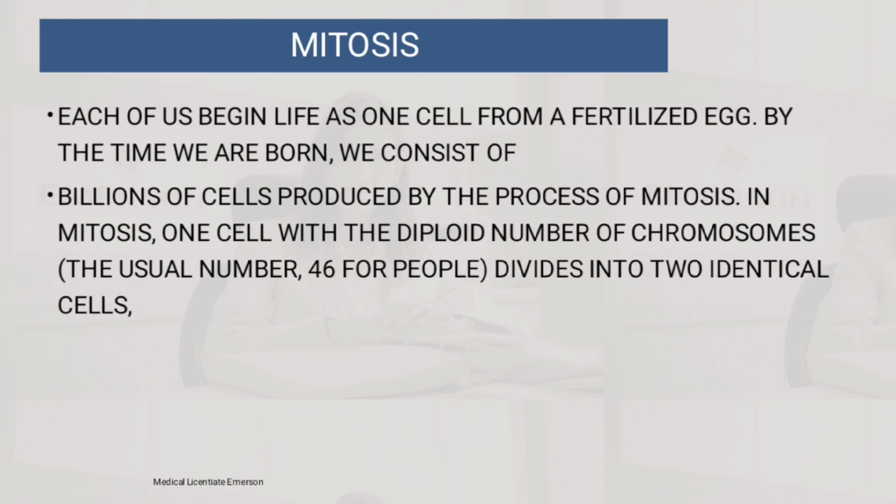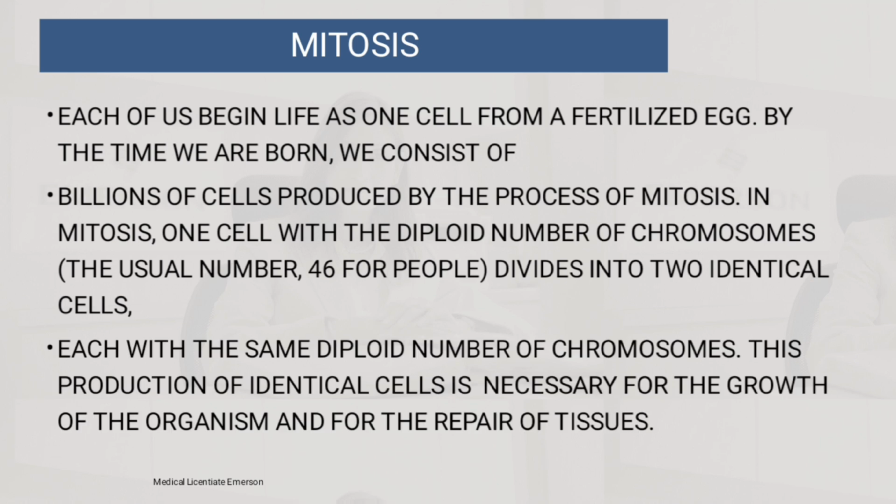In mitosis, one cell with the diploid number of chromosomes, which is 46 for human beings, will divide into two identical cells, each with the same diploid number of chromosomes. This production of identical cells is necessary for the growth of the organism and for the repair of tissues.